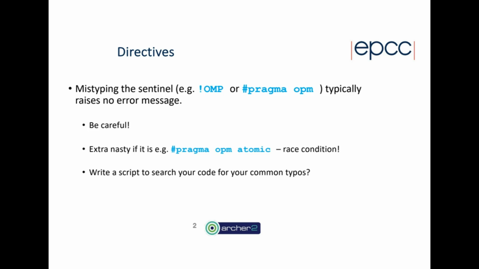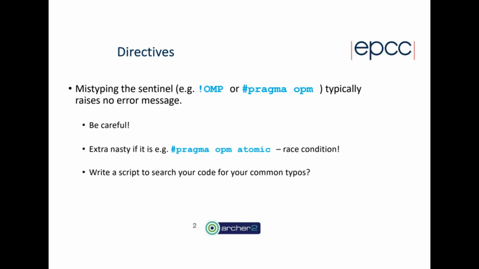Okay, so first up, directives. Be careful if you make a typo in the OpenMP directive sentinel, because at least for some compilers that will not raise any error message. That's potentially dangerous, particularly if it's a synchronization directive like atomic or critical.